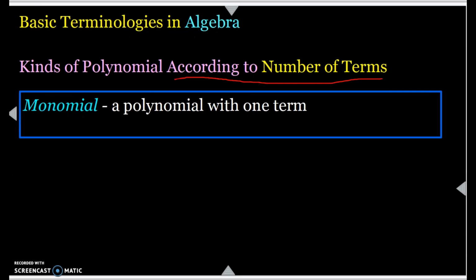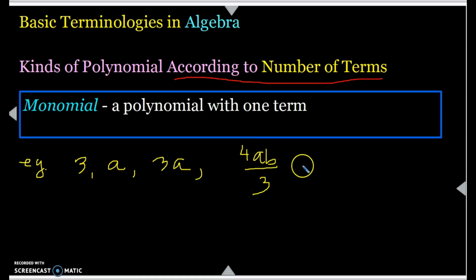Examples of this are a constant alone, a variable alone, a combination of two, or you can also have 4ab all over 3. Okay? All of these are examples of monomials because, as you can see, these expressions contain one term only, taken from the prefix mono, which means one.